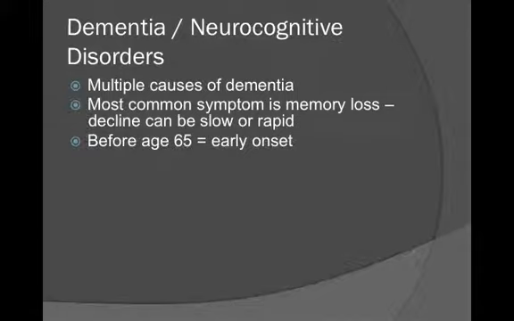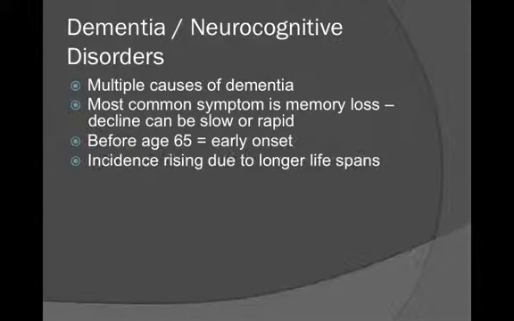If a person has the symptoms of dementia before the age of 65, we'll usually hear them referred to as having an early onset of dementia. And this can happen because of a variety of reasons. People, for example, with HIV/AIDS may experience it before the age of 65. And also, as we mentioned way back in Module 1, people with Down syndrome are commonly going to experience dementia before the age of 65.